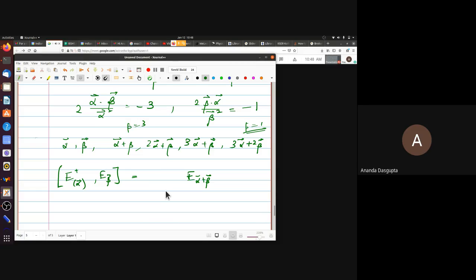Question is, which SU2 representation do we have here? E beta is a state in the SU2 representation of add E plus, add E minus, add E3, because E plus, E minus, E3 are E plus alpha, E minus alpha, and E3 alpha. Which representation are we talking about?